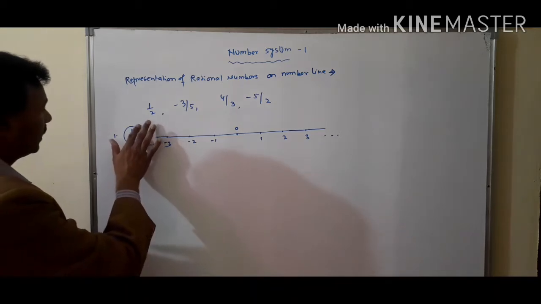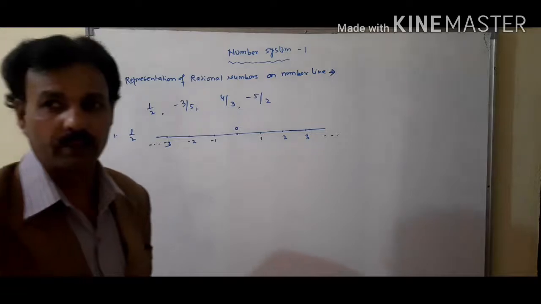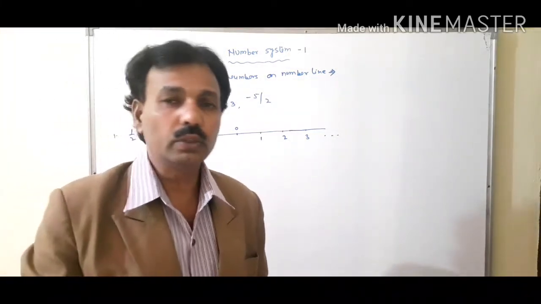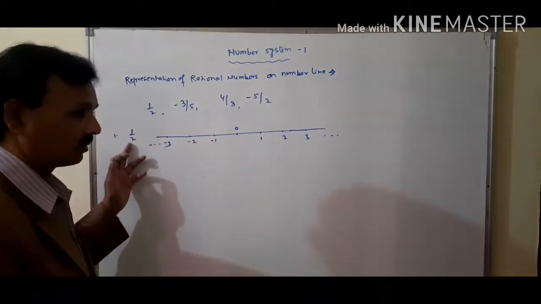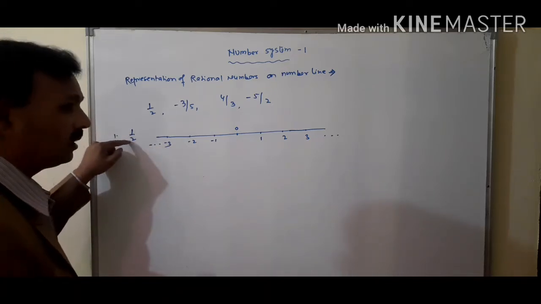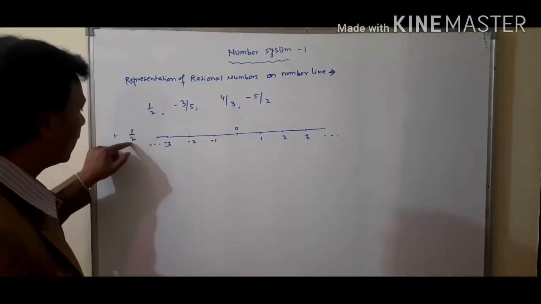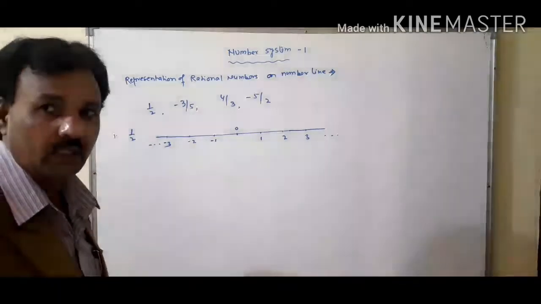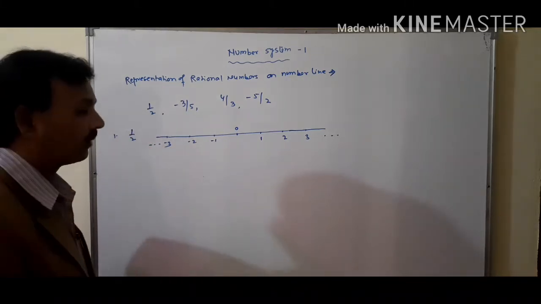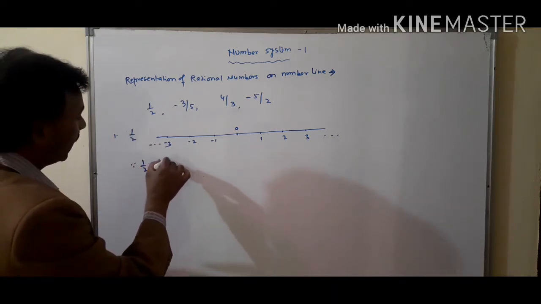First check whether 1 by 2 is a proper fraction or an improper fraction. If the numerator is greater than the denominator, then it is improper. If the numerator is less than the denominator, then it is a proper fraction. That means this rational number 1 by 2 is proper, so 1 by 2 is less than 1.